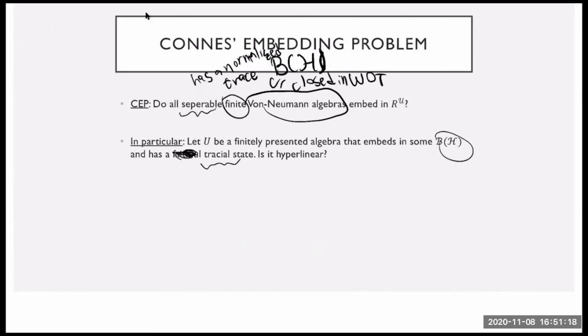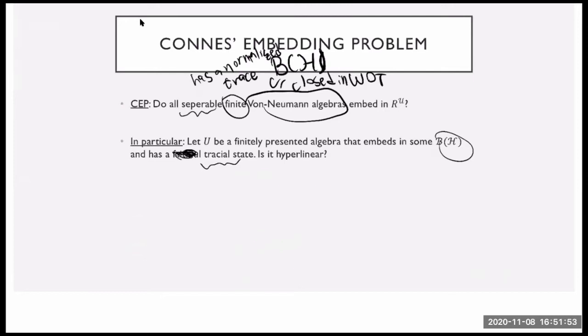Yes, because if you look at Connes' embedding conjecture's formulation here, it asks whether R to the U is universal in some sense. That's somehow the most elegant way of saying the problem: that R to the U is universal. It swallows everything.